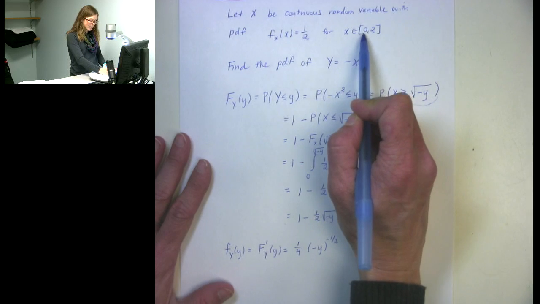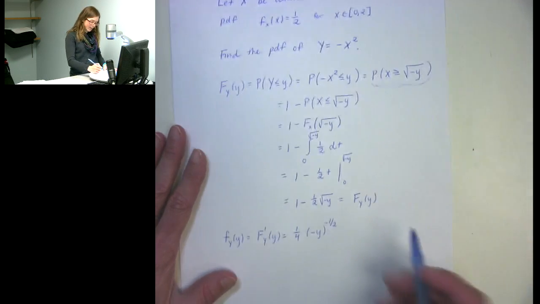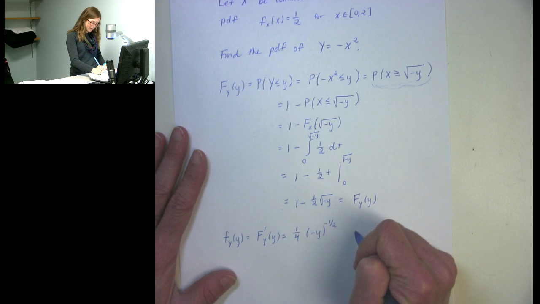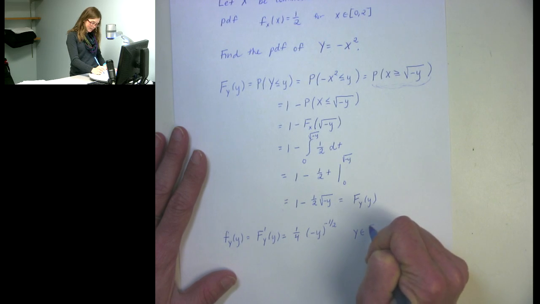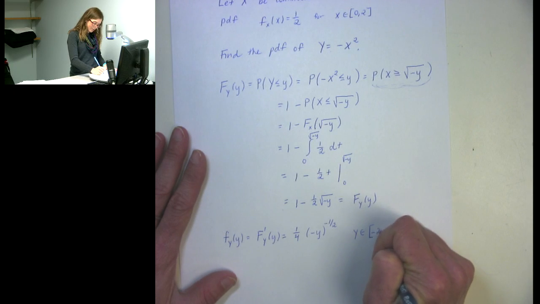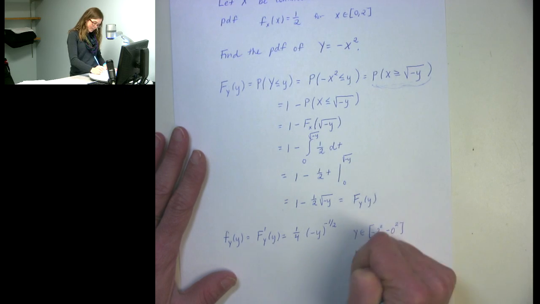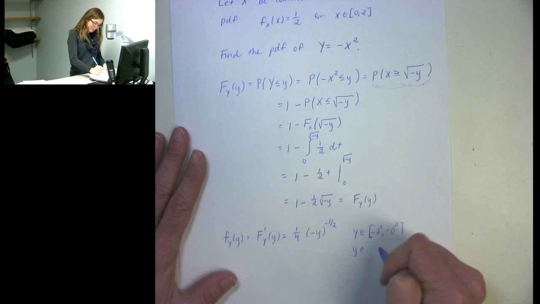Since x goes from 0 to 2, and y equals negative x squared, y is going to go from negative 2 squared up to negative 0 squared. So the support is from negative 4 to 0.